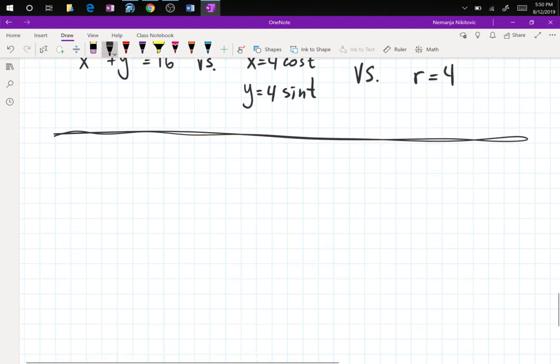We said that r is a function of theta. So what stops us from r equals 4 cosine 2 theta? You know what? 4 theta. 4 cosine 4 theta. Know what you get? You get this.